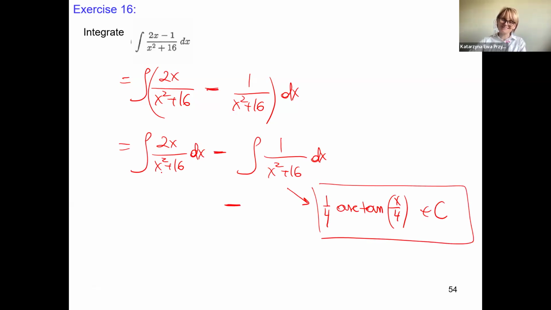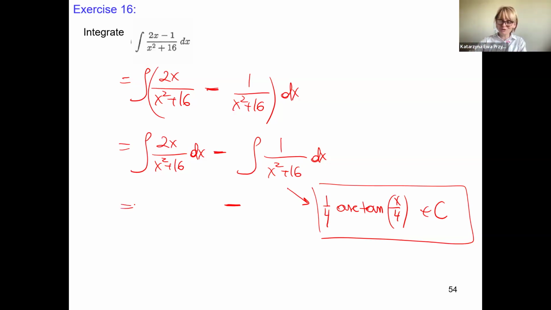What about this one? How would you solve this integral? I think that's a nice example maybe to finish the session. Because now u substitution. Yes? When we let u be the denominator, x squared plus 16, the derivative of x squared, yes, is 2x.